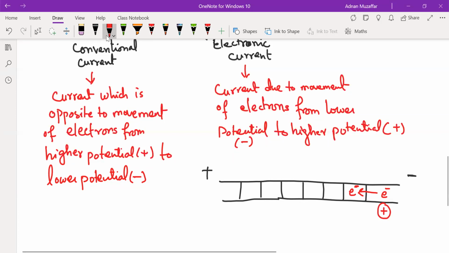So when an electron leaves its place, a vacancy will be created. This vacancy will be filled by one more electron from the backside, definitely. So one more electron will eventually come here and fill this vacancy. In this way, as the electrons move forward, vacancies will be created backward.